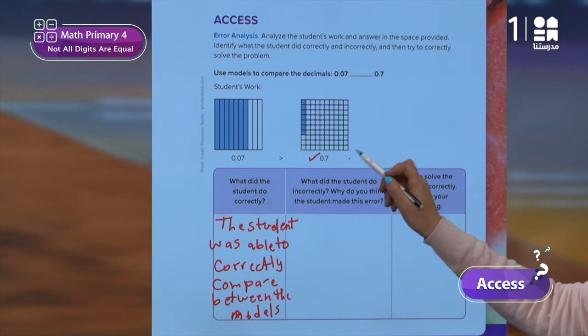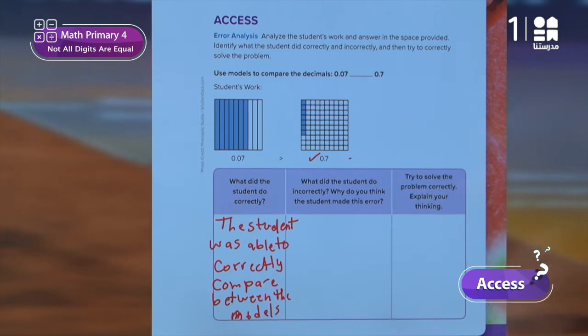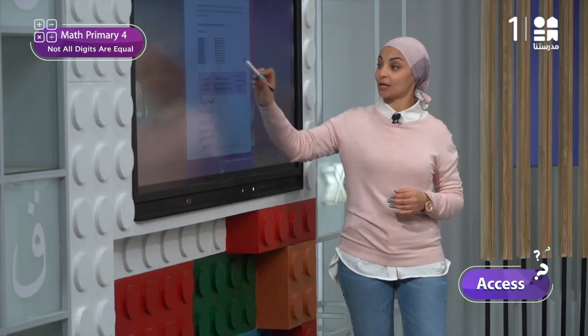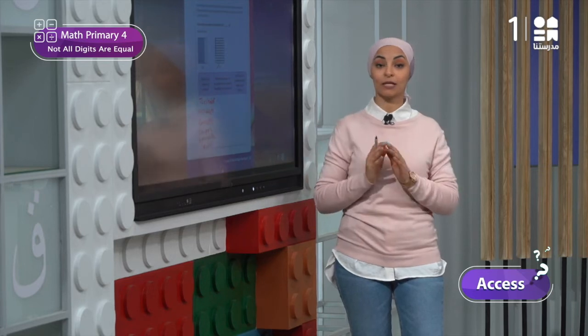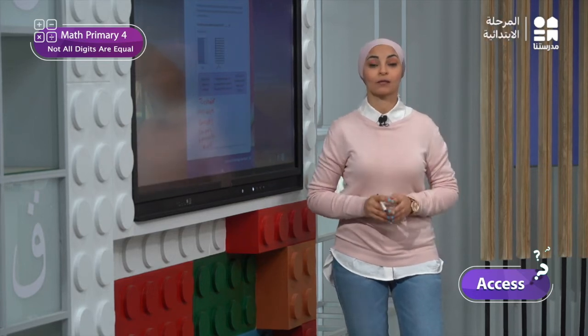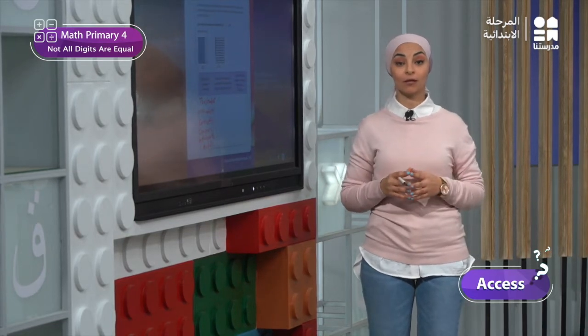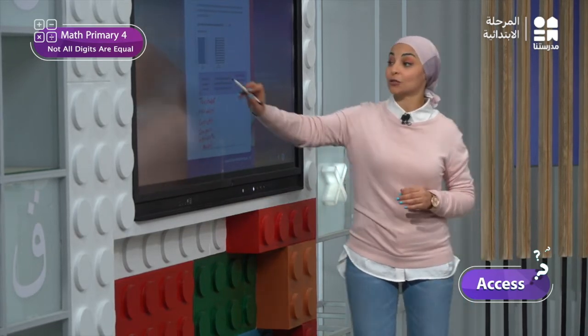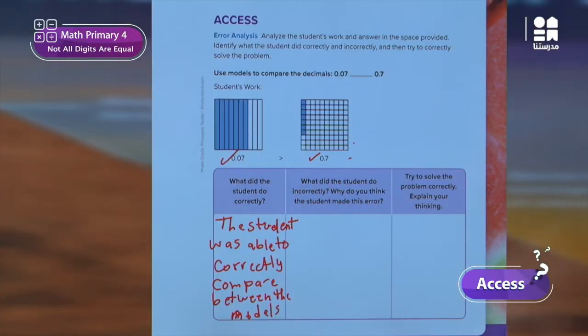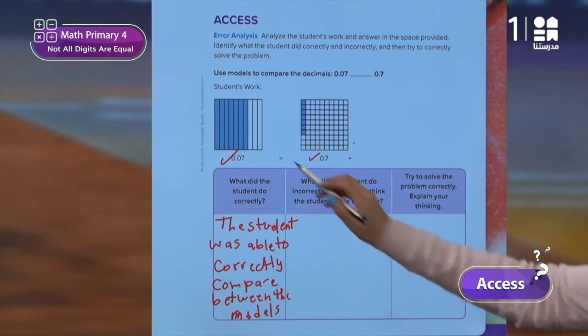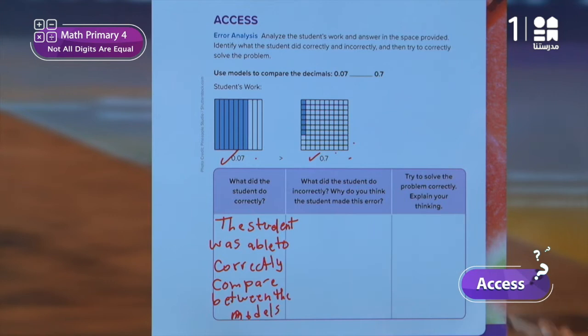So the right answer is 7 hundredths and not 7 tenths عشان هو متقسم أو divided into 100 parts. طيب وكمان الستودنت عمل إيه؟ عمل الأوبوزيت في السكند موديل. He expressed the model divided into 10 parts و 7 shaded parts. قال إن هو 7 hundredths which is wrong لأن هو المفروض يبقى 7 tenths لأن أنا عندي هنا 10 parts وعندي هنا 100 parts. يبقى هو عمل العكس.